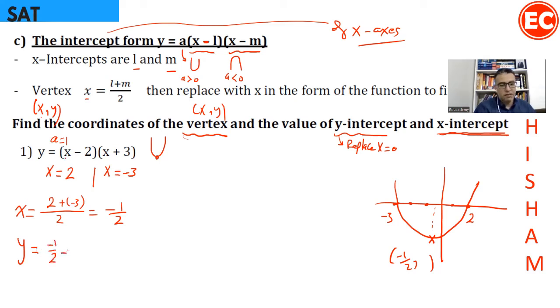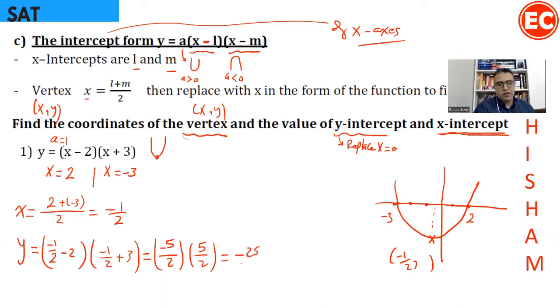So negative half minus 2, multiplied by negative half plus 3. Negative half minus 2 is negative 5 over 2, of course you can use a calculator in this part, and positive 5 over 2. So it's negative 25 over 4. So the vertex is negative half and negative 25 over 4.